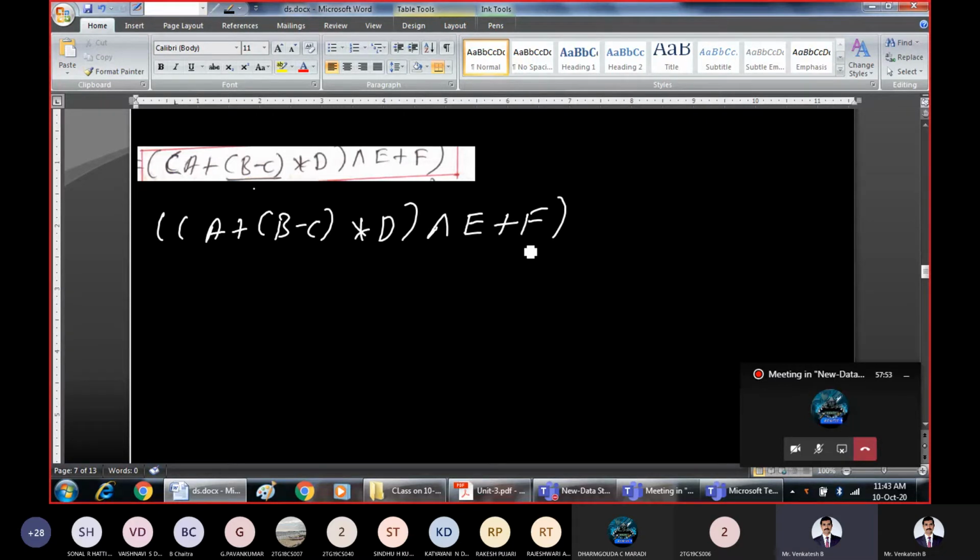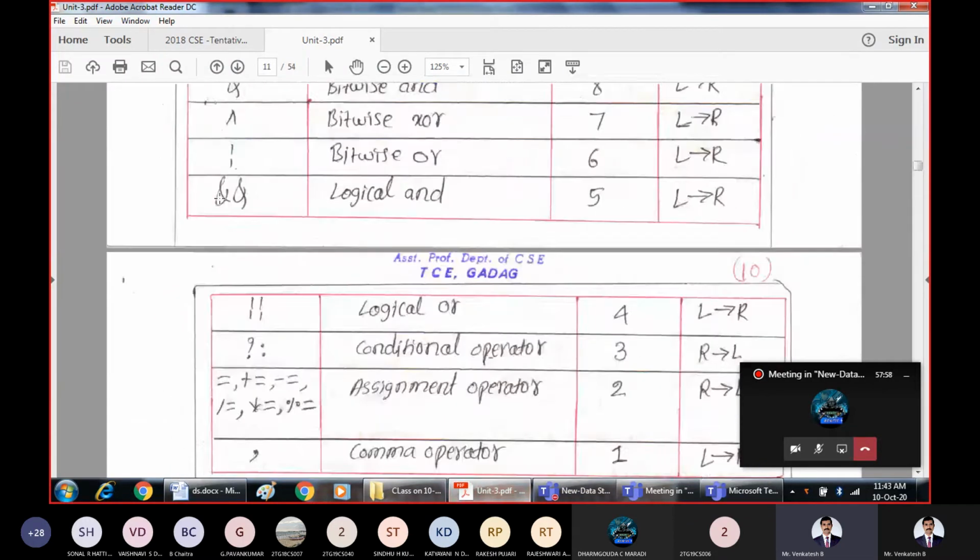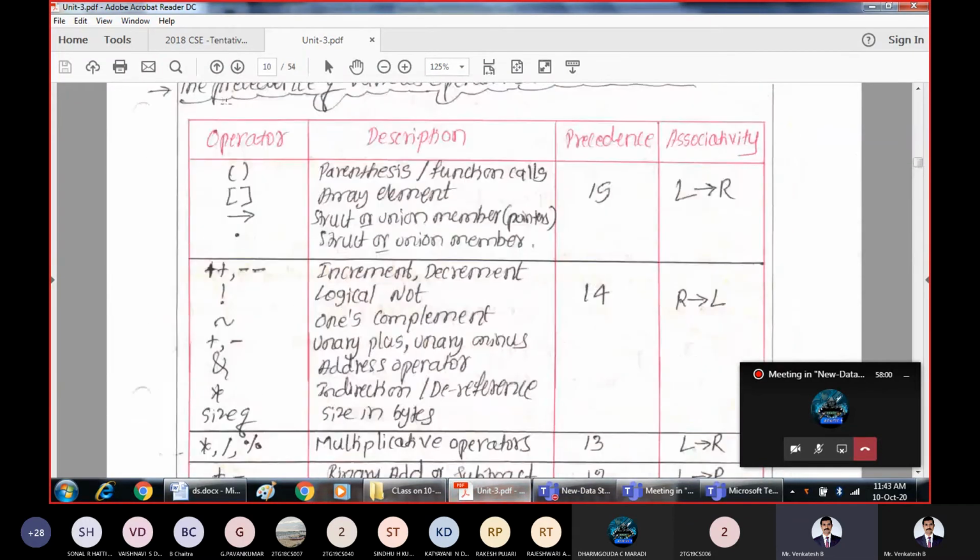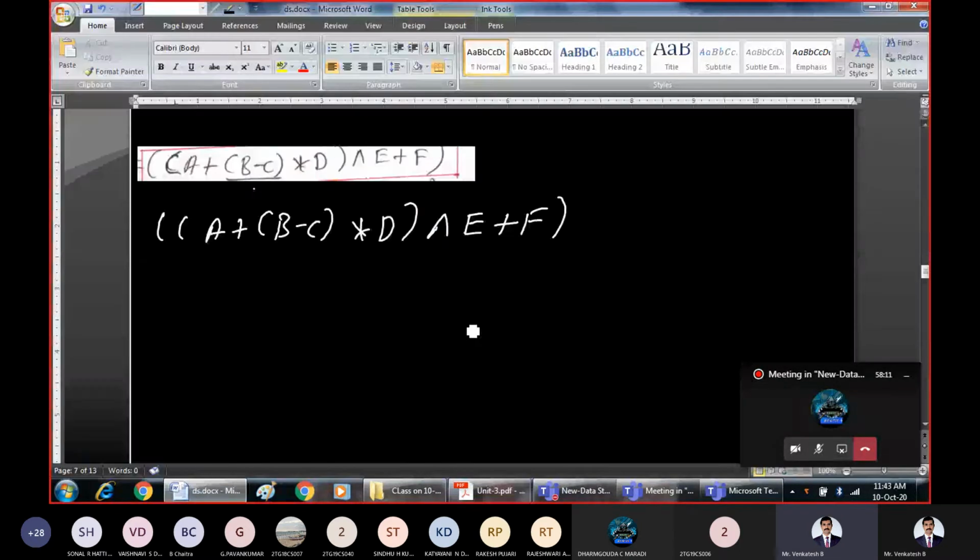When you have brackets, we know that we should first give priority to the brackets. I need not come back to this again and again. See here, brackets have the highest priority, then division, multiplication, addition, subtraction. First you try to solve the brackets, like in mathematics. First we solve the innermost bracket. Among all these, the innermost bracket is this one, so it must be solved first.